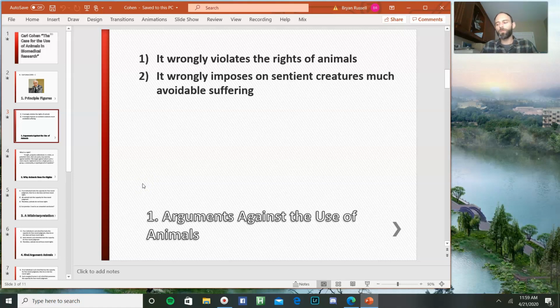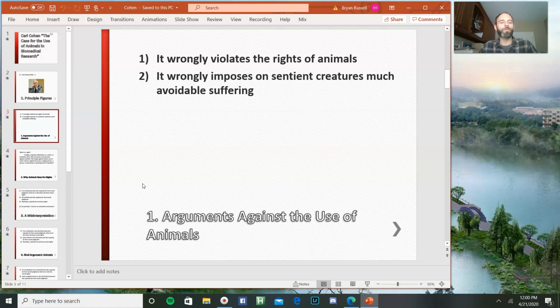He's going to object to arguments that say we shouldn't use animals for biomedical research, so testing like vaccines and such. We shouldn't use them for that because it wrongly violates the rights of animals. He's going to say it doesn't violate the rights, specifically because they have no rights.